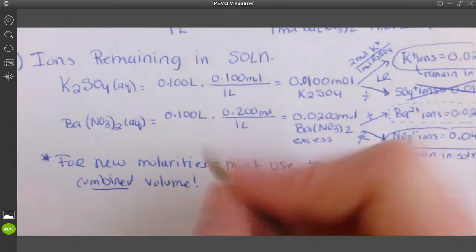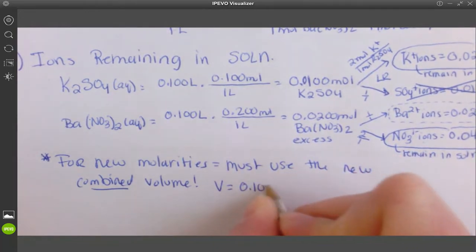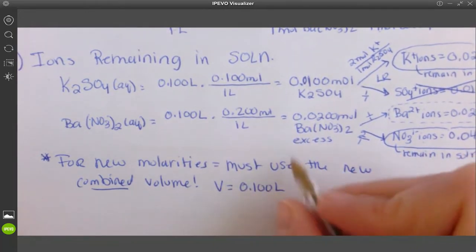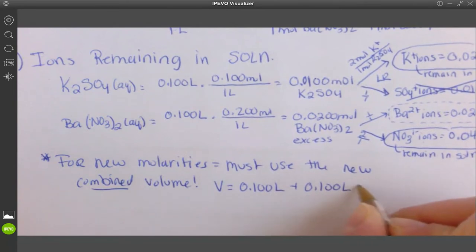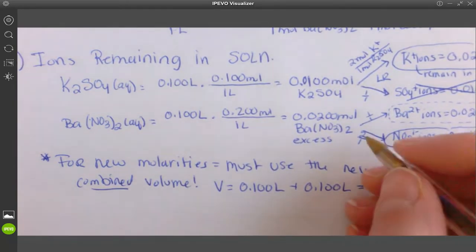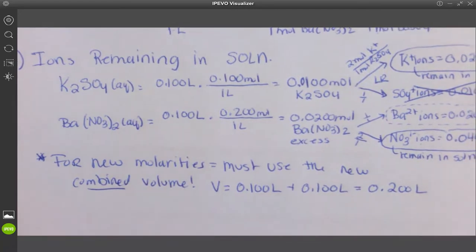In this case, we had 0.1 liter of our potassium sulfate solution, and also 0.1 liter of our barium nitrate solution. So for this new one, we have 0.2 liters of our new solution.